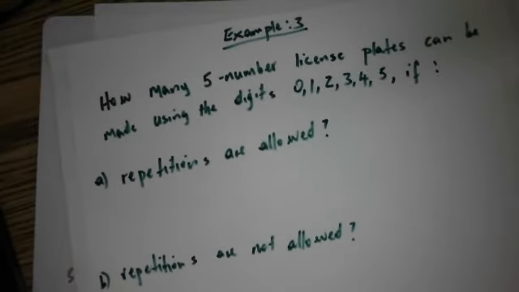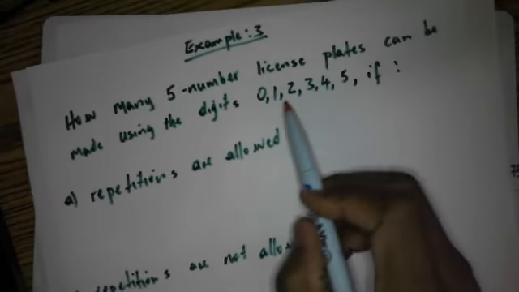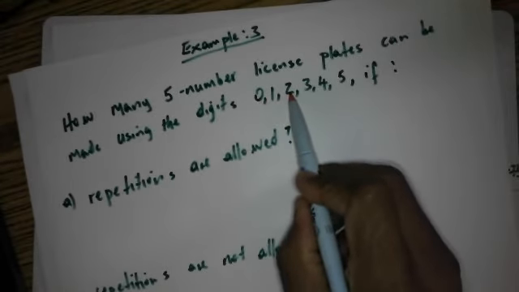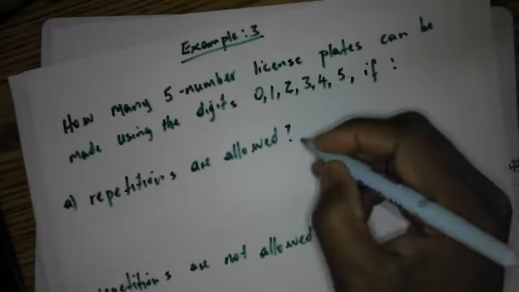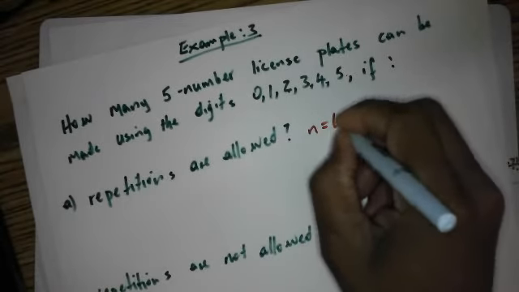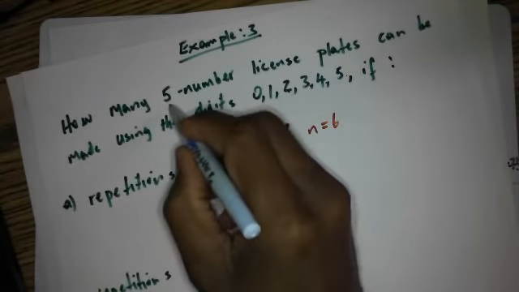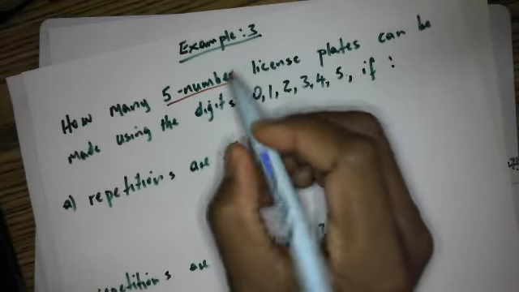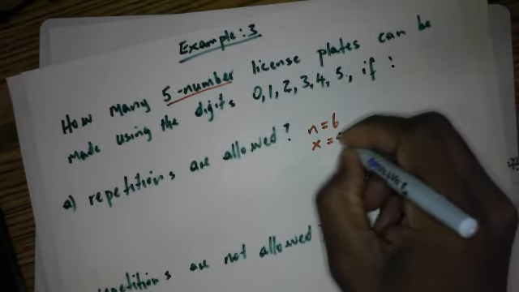So remember, if repetition is allowed, it is n to the x, where n is the total number of digits or terms that exist, and x is how many you're choosing from it. So we know from here we have 1, 2, 3, 4, 5, 6. So n equals 6, and they say how many 5 digits, so x would equal 5.